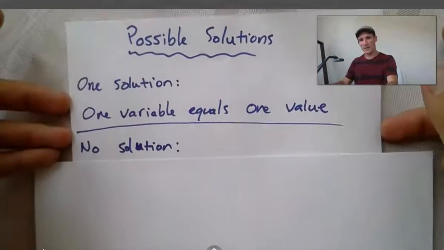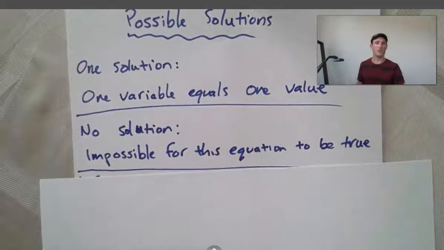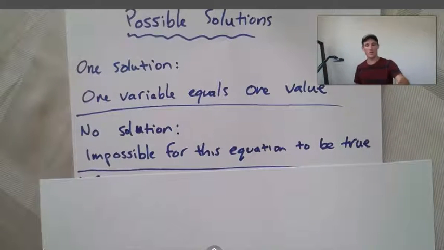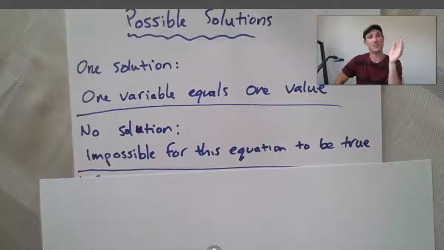Now you can probably guess, no solution is when it's impossible for the equation to be true as it's written. I'll give you some examples here in a second. But basically the answer that you get is impossible. That is no solution. And no solution is a valid solution type.